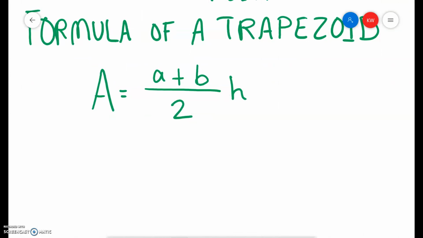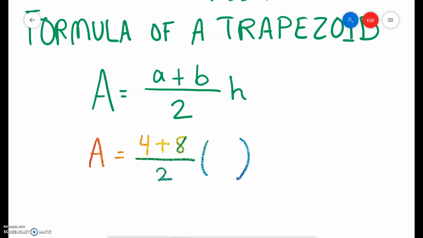I'm going to use a rainbow color because why not? So area equals my base 1, which was 4, plus my base 2, which was 8, divided by 2. When a number sits next to a division, I'm going to place it inside parentheses so I remember to multiply. And my height was 6.